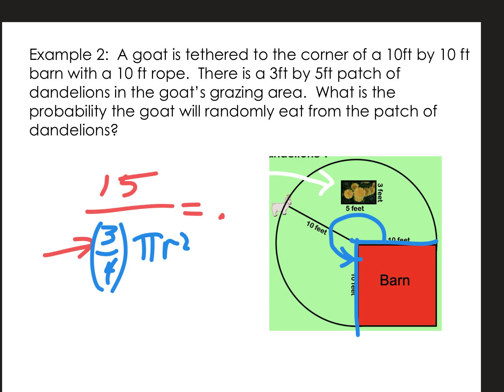And our radius in this case was 10 feet. So 10 squared is 100. And then 3/4 of 100 would be 75. And the last thing I'm going to do is multiply by pi. I do not know what 75 times pi is. What is 75 times 3.14? What is 15 divided by 235.5?